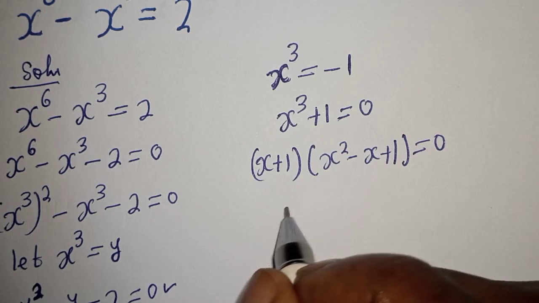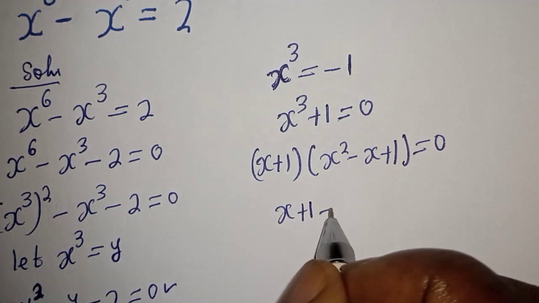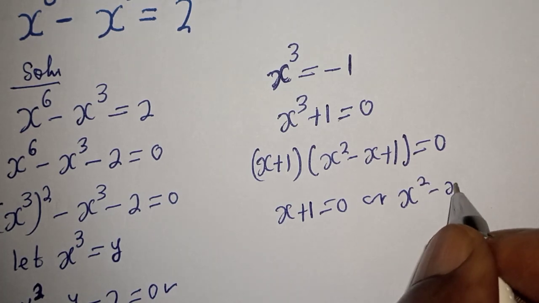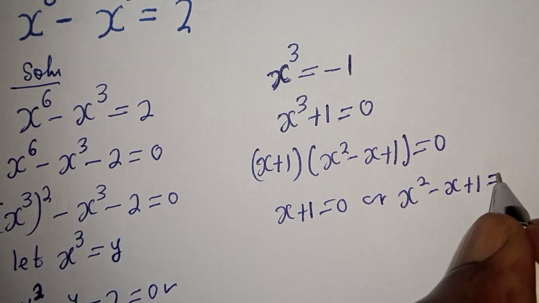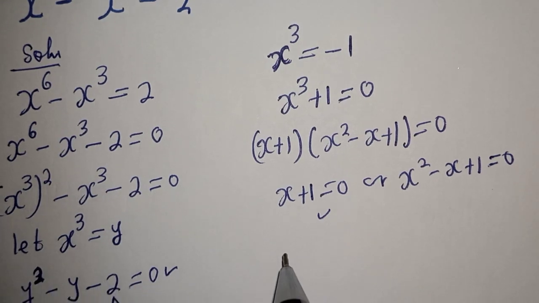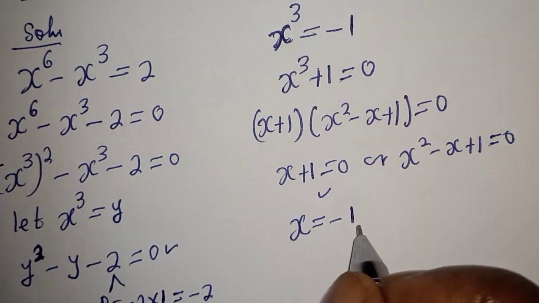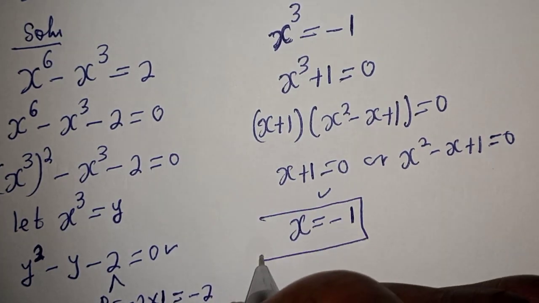Then there are two cases here. S plus 1 is equal to 0, or s squared minus s plus 1 is equal to 0. From here, s is equal to minus 1. This is another value of s.